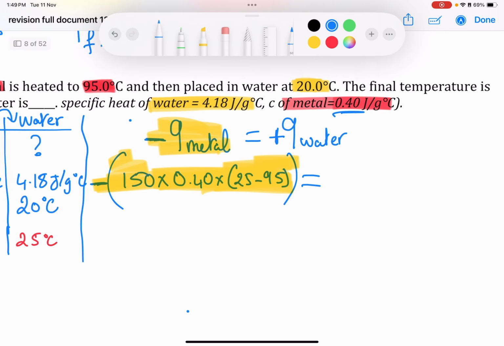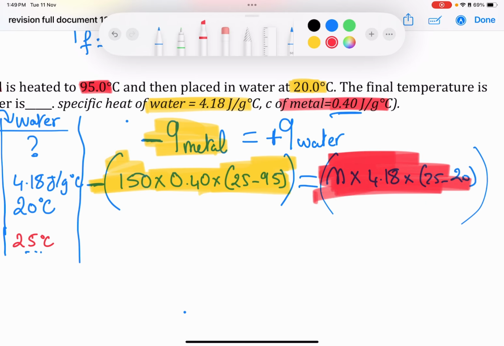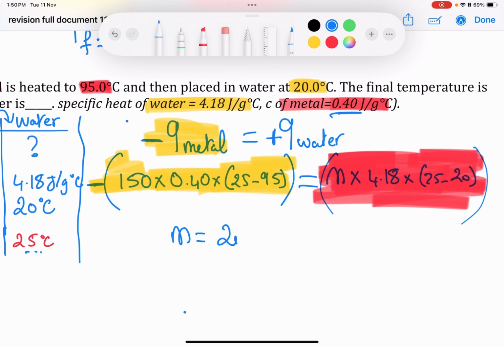For the water, I don't know the mass of the water. That's what I have to calculate. The specific heat capacity of water, 4.18, and T final, 25, minus T initial of water. So that is the data for the water. Now, solving this, we get the final answer: mass of water is 201 grams.